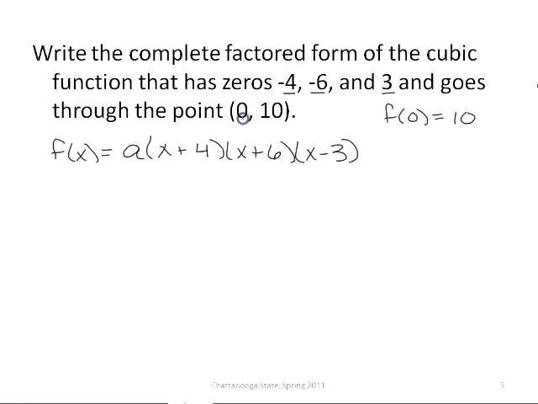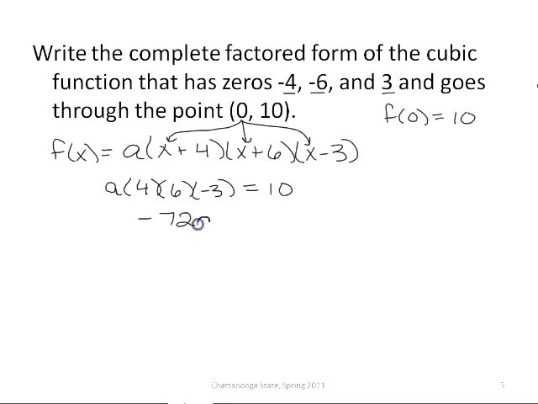So let me plug in the 0 for x. That would give me a times 0 plus 4 would be 4, 0 plus 6 would be 6, and 0 minus 3 would be -3. When I plug 0 in for x, this should equal 10. So let's see. I'll multiply these together. This would be 24 times -3, which is -72a equals 10.